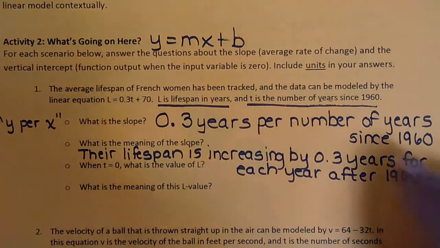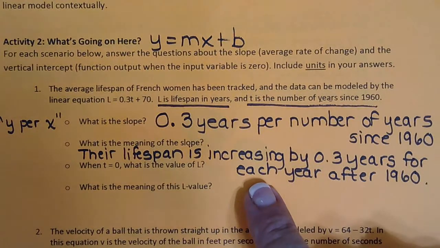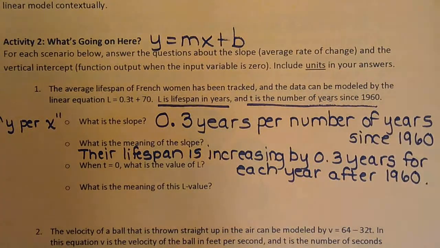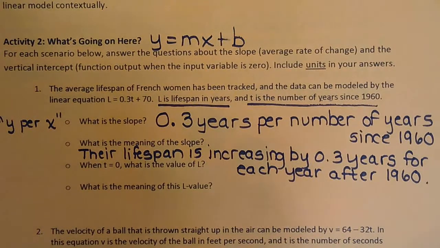Remember how we discussed that "for each" is another word for per? It just made more sense in this case. So every year they live past 1960, their lifespan is increasing by 0.3 years because of the advances of medicine.